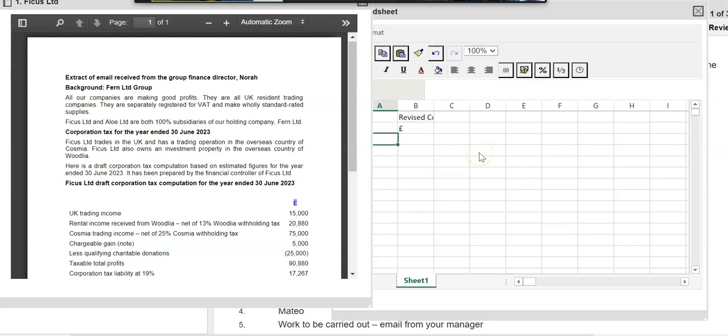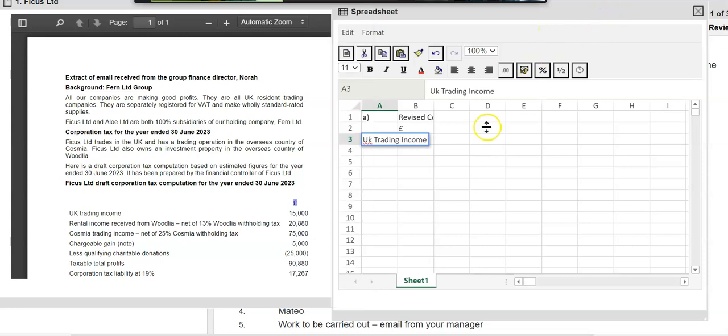Alright. So first I'll be writing UK trading income. Okay, and that was £15,000. Then I will be writing the rental income, but that would be 20880 times 100 divided by 87, so that would be £24,000.